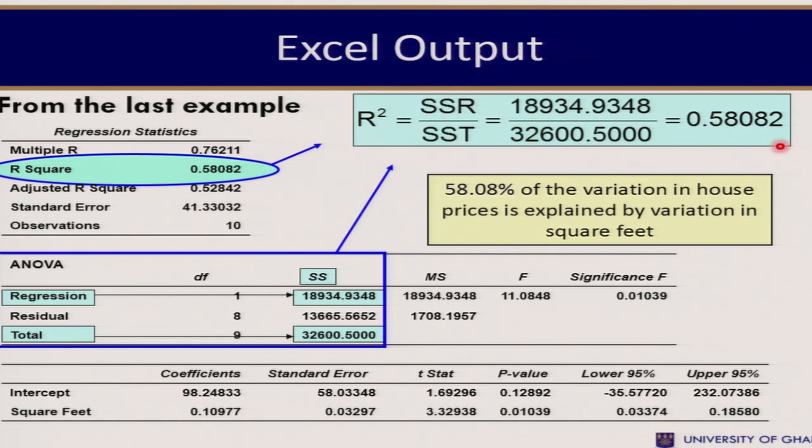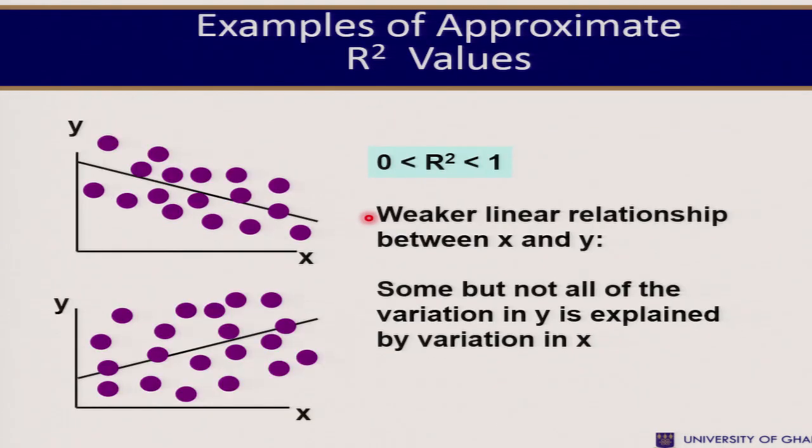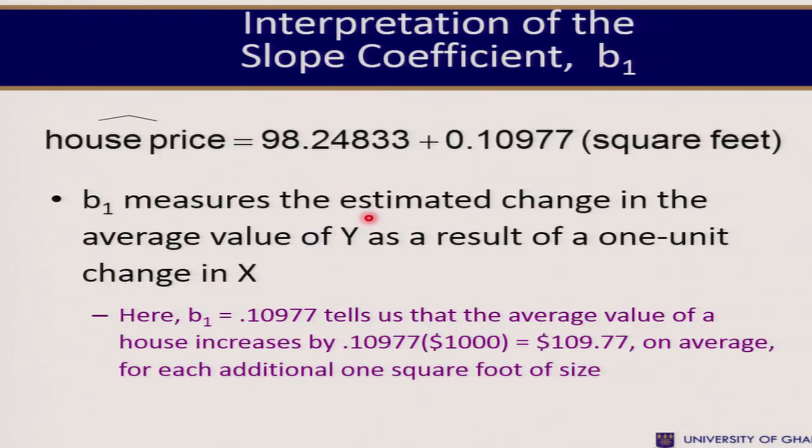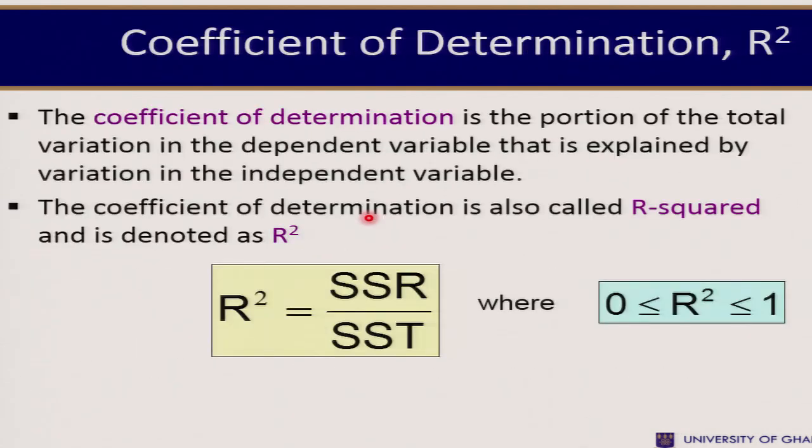So the ratio will give us the R squared, which is indicated in the output. By way of interpretation, we would say that approximately 58% of the variation in the house prices is being explained by the variation in square feet. Or our regression model, which is this, explains approximately 58% of the total variation.